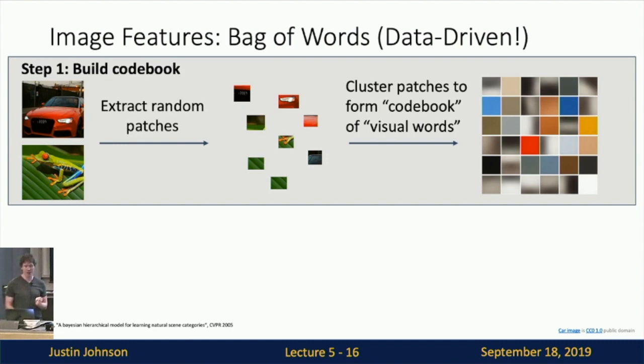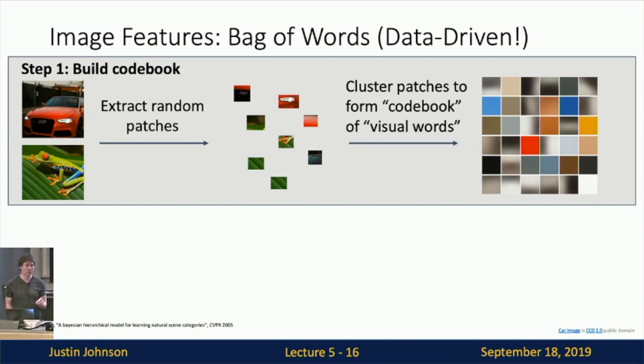The idea here being that if there are common types of structures that appear in many, many images in your training set, then you will hopefully learn some kind of visual word representation that can capture or recognize many of those common features that appear in your training set.